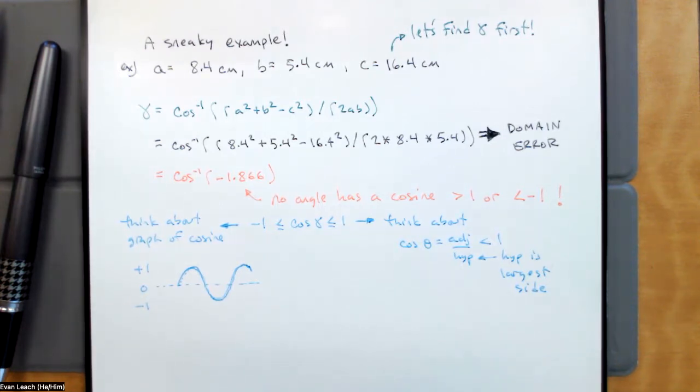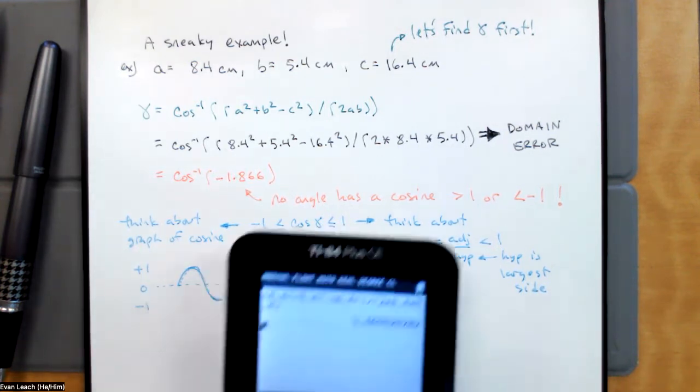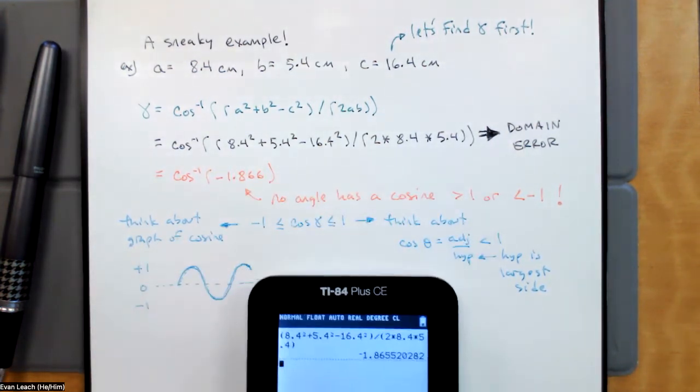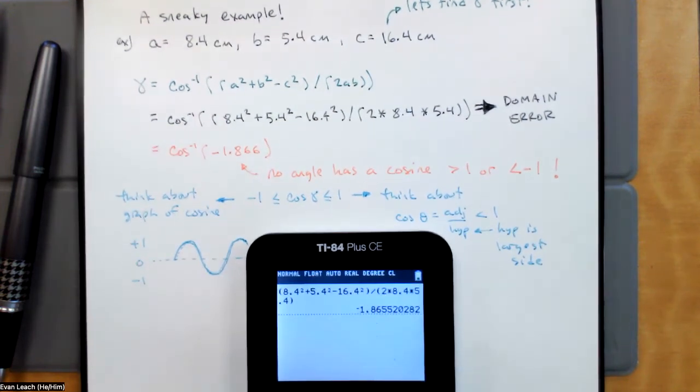When we get a domain error, the first thing we should do is check to see that we typed the numbers in correctly. So first, I'm going to say, well, did I make a typo? I got the 8.4, 5.4, minus the 16.4, 2 times 8.4, 2 times 5.4. Yes, we typed things in correctly.